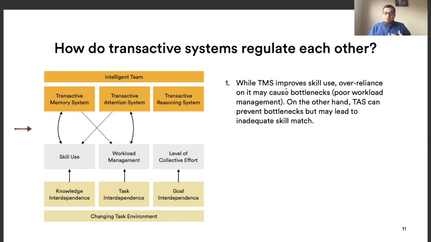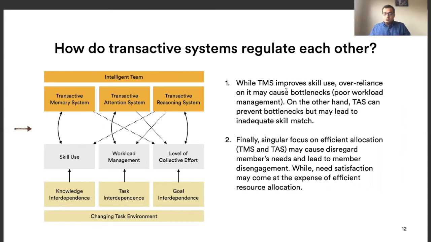For example, you can think that TMS-based coordination might improve the skill use, but at the same time, relying on only one expert and assigning them all the tasks that require a particular expertise might end up creating bottlenecks within the team. On the other hand, a transactive attention system coordinating based on who is available might not consider the skills of the team, or might create a poor mismatch of skills.